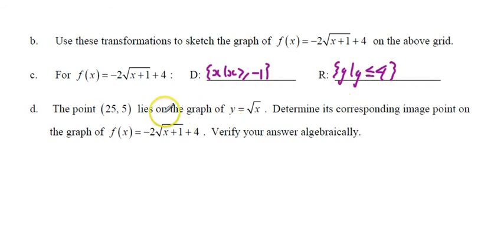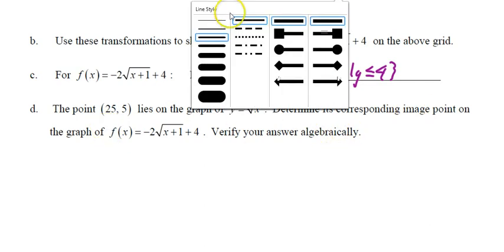The point 25, 5 lies on this graph. Determine its corresponding image point on the graph and verify your answer algebraically. I need the thin black line.